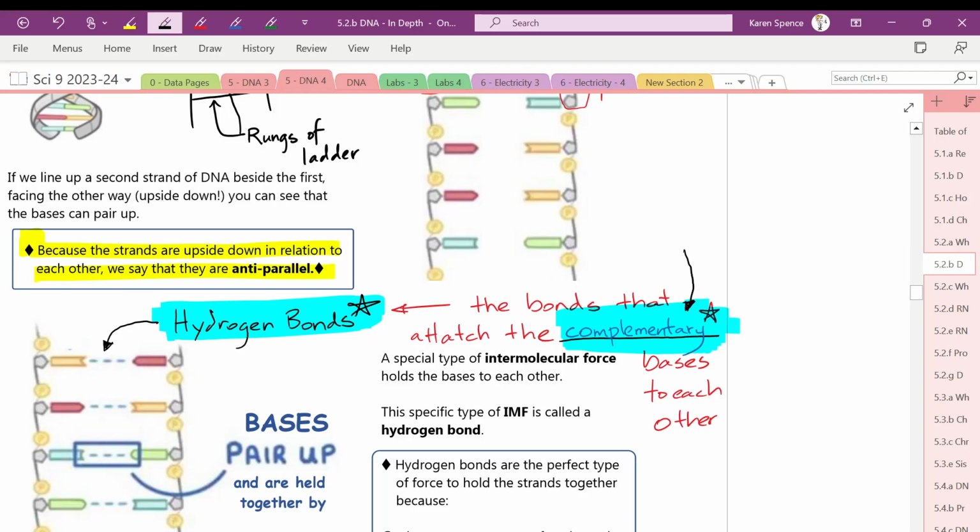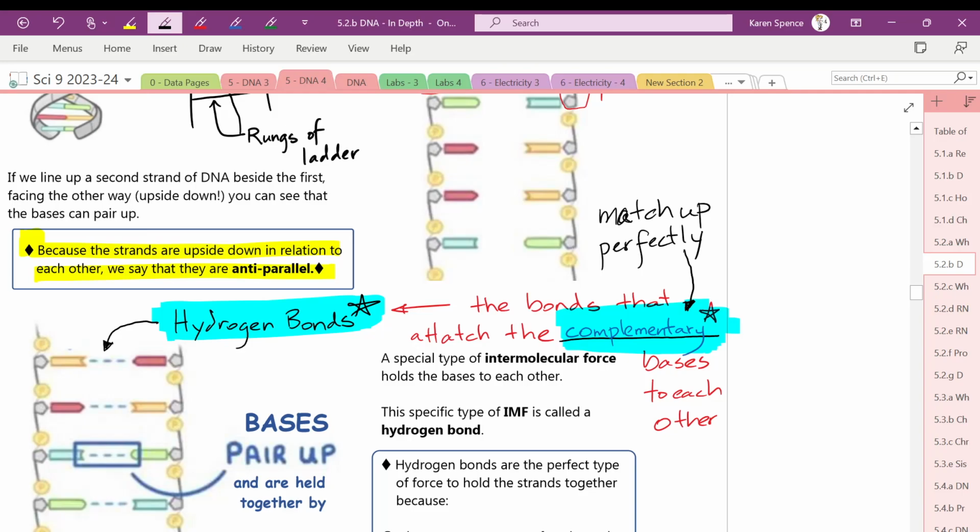If things are complementary, they match up perfectly. Yes, it makes sense. Tell me why this is. So they match up perfectly.